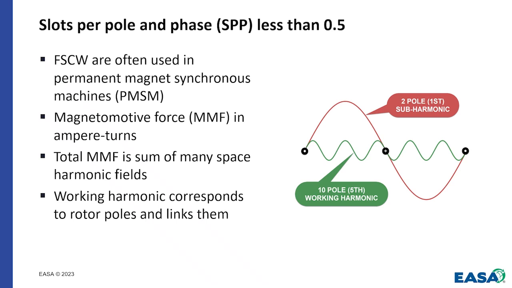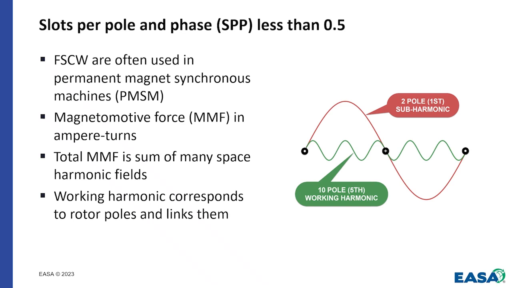But with the case of this fractional slot machine, the designer is going to take advantage of these harmonics. So instead of trying to minimize them, we're going to pick one that matches the number of poles we want, and we want it to be very high. So we're going to try to maximize that harmonic.